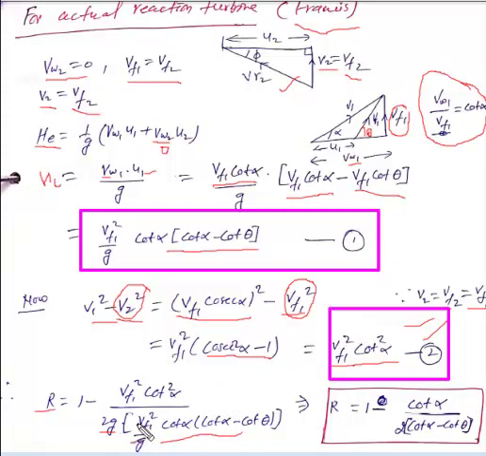After solving this equation we get the degree of reaction R is equal to 1 minus cot alpha divided by 2 in bracket (cot alpha minus cot theta). This is the final equation of degree of reaction for the Francis turbine. Now class is over. Thank you for listening.